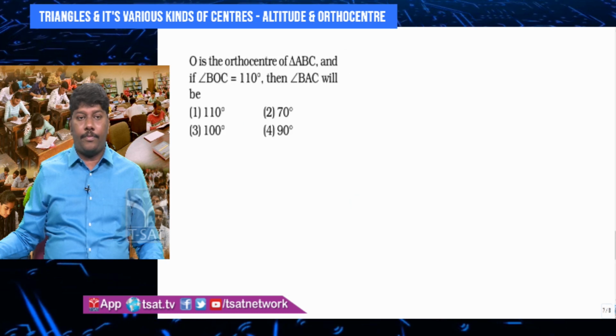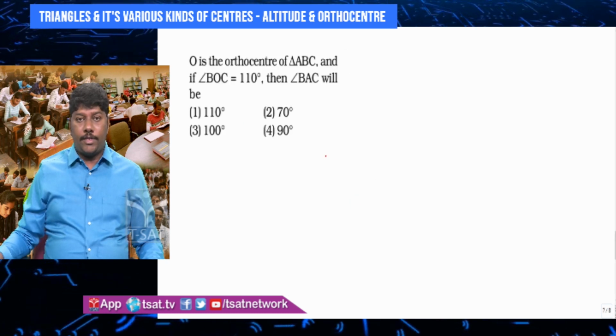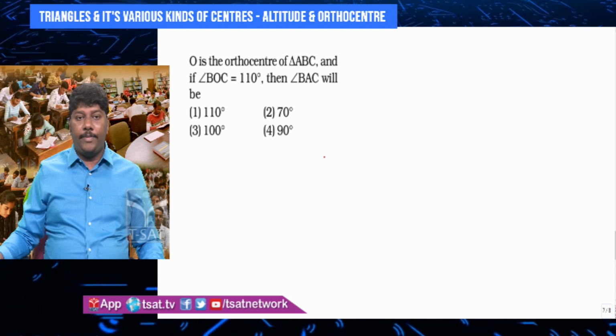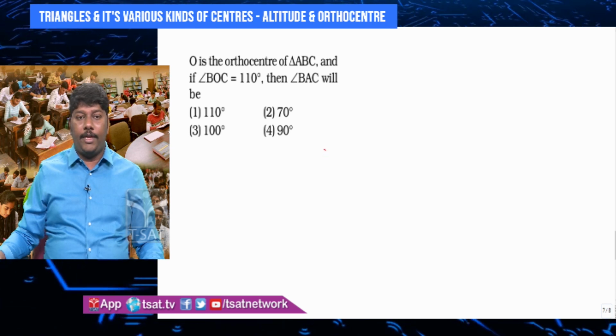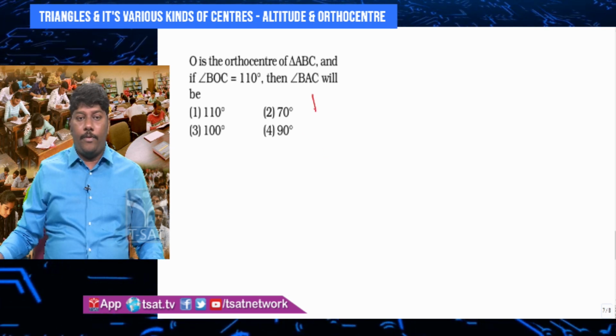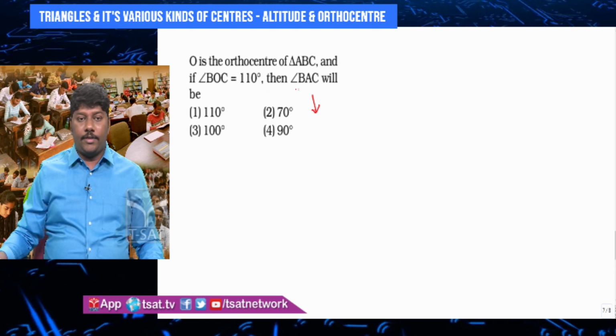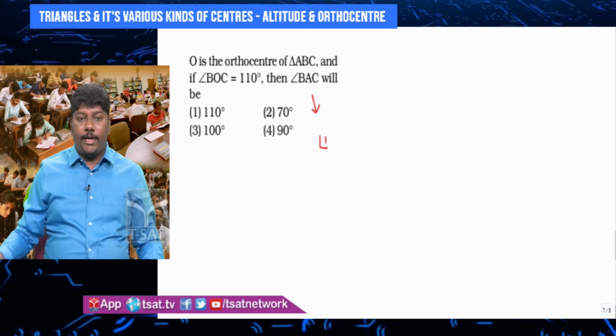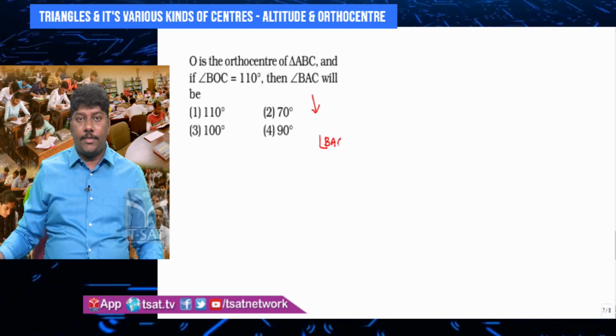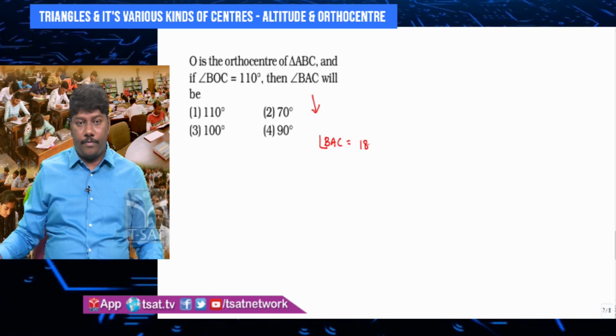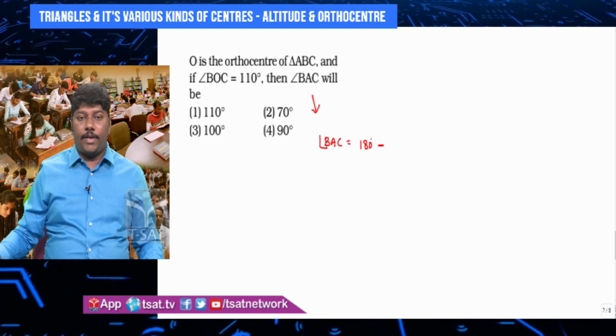Next. O is the orthocenter of triangle ABC and BOC is equal to 110, BAC will be? So, angle formed at the orthocenter and angle A. If I ask you angle BAC, it is 180 minus angle BOC.